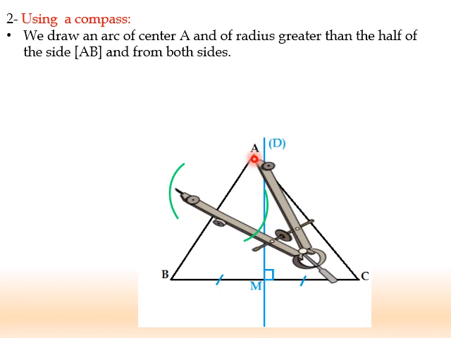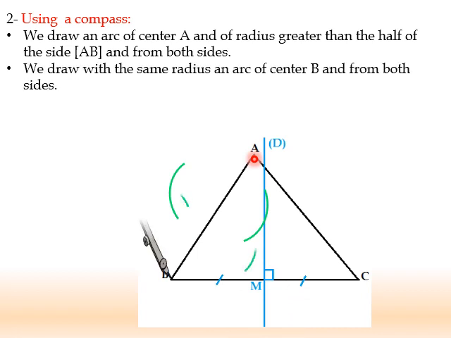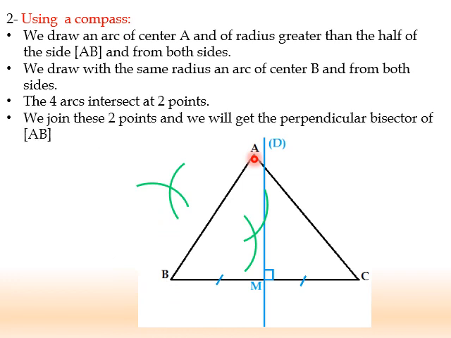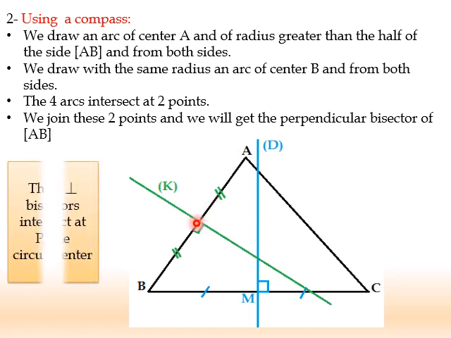Then, without changing the radius of the compass, I put it on the other vertex, which is B, and draw arcs on both directions of AB. Now, I will join the points of intersection of these arcs together to form the perpendicular bisector of AB. Now I can say that K is the perpendicular bisector of AB since K is perpendicular to AB at its midpoint.